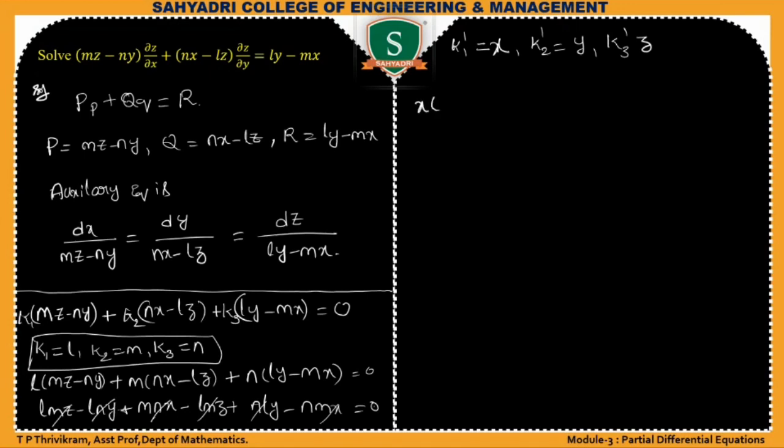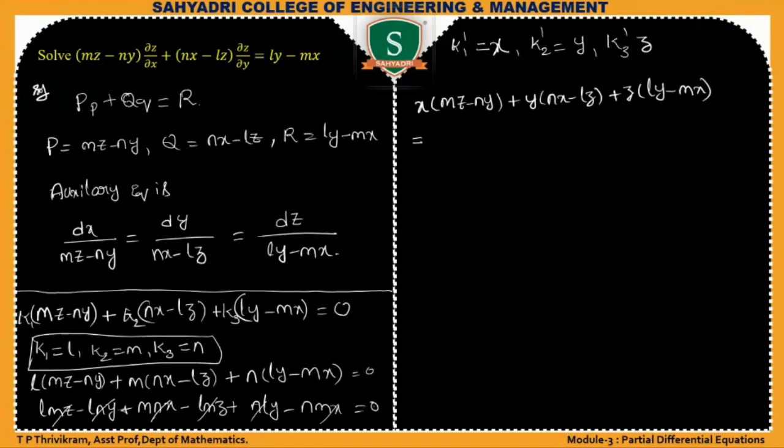x into the first term, it means mz minus ny, plus y into nx minus lz, plus z into ly minus mx is equal to 0. Sorry, 0 we have to prove. So let us check once.